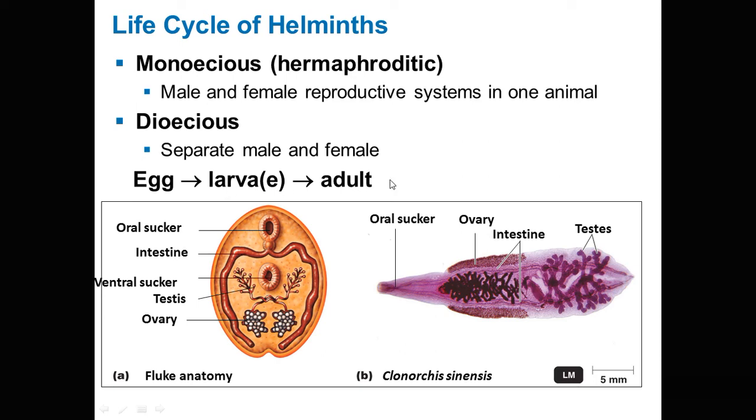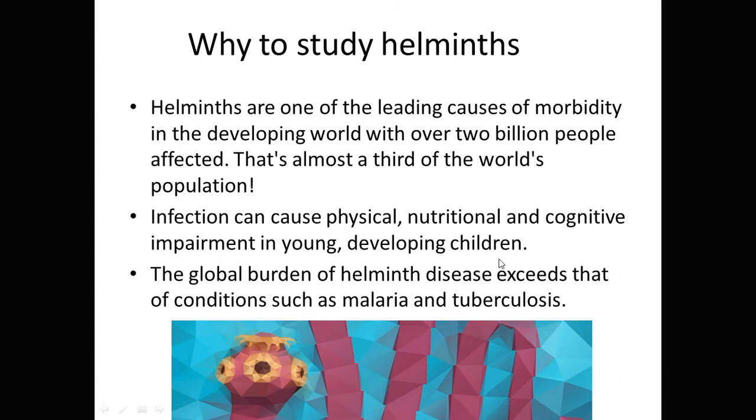Adults lay the eggs, eggs turn into larvae, and larvae into adults. Here we have an example of monoecious hermaphroditic flukes. They have ovaries and testes, both, and this is Clonorchis sinensis, also a fluke, and it has testes and ovaries. So both are hermaphroditic.